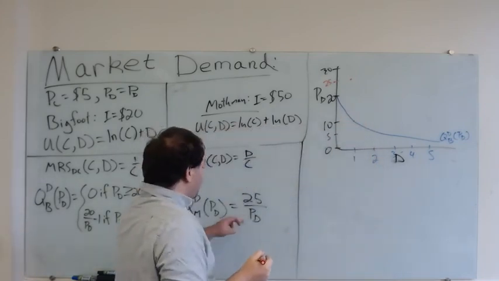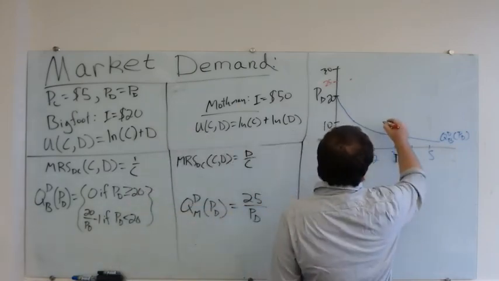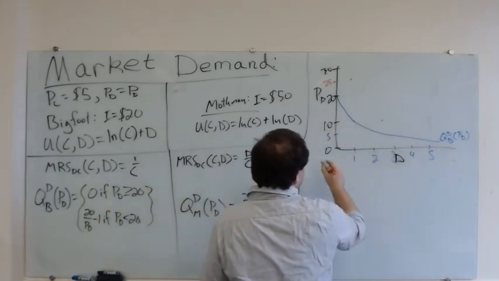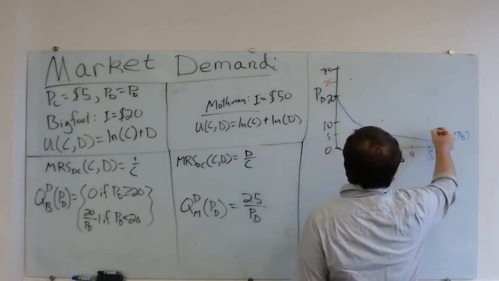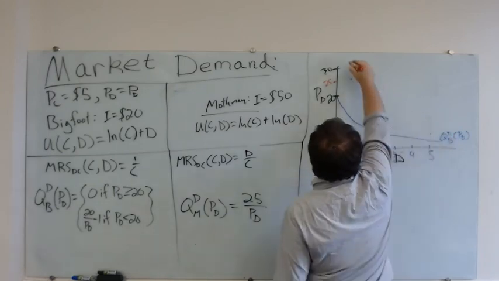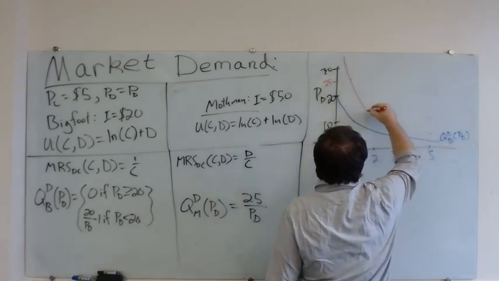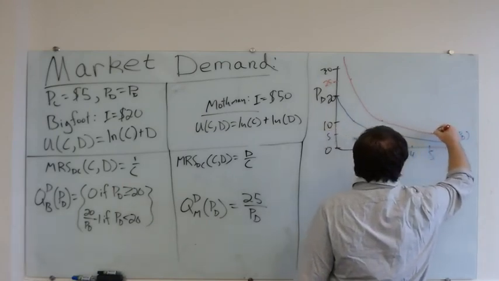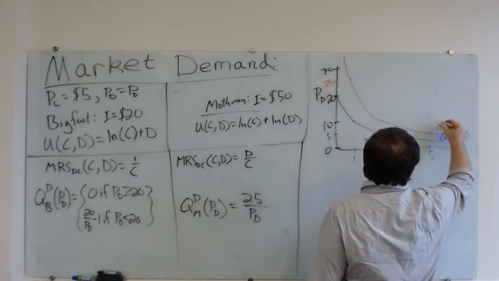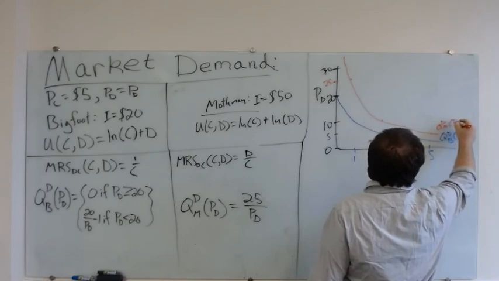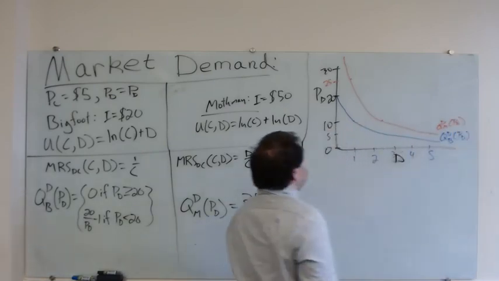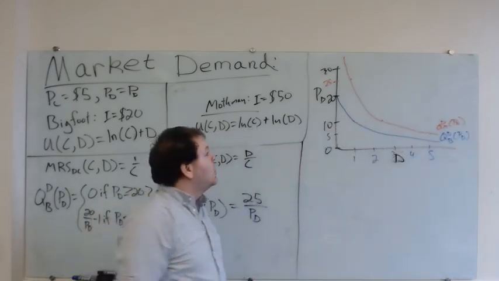At a price of 5, Mothman will demand 5. So Mothman's demand curve looks more like that. And when we want to find our market demand, we're going to sum horizontally.